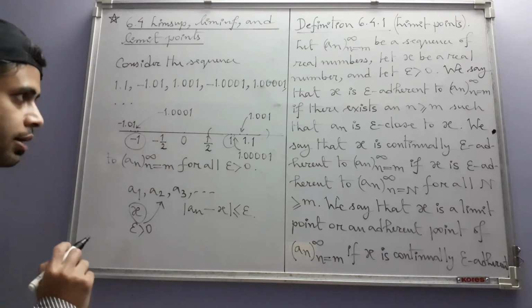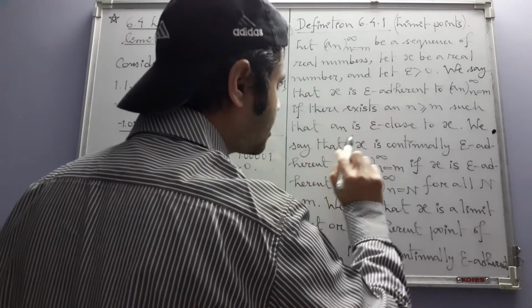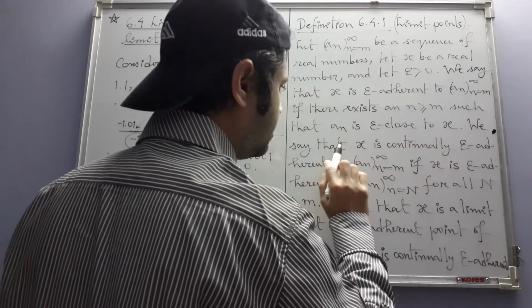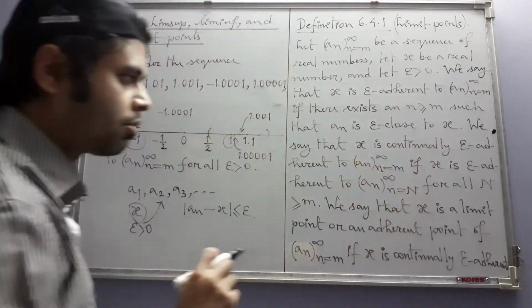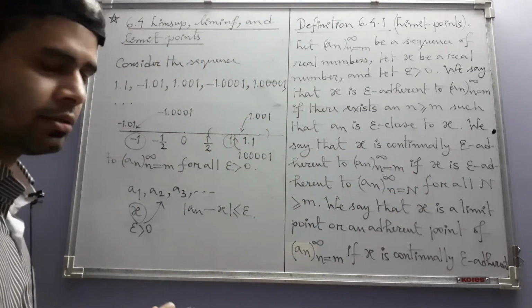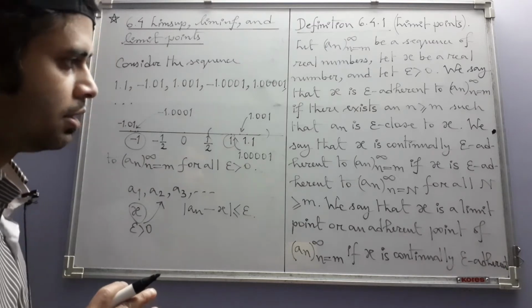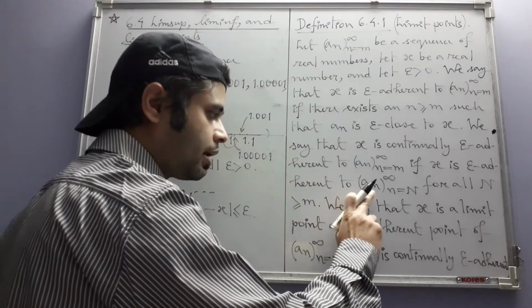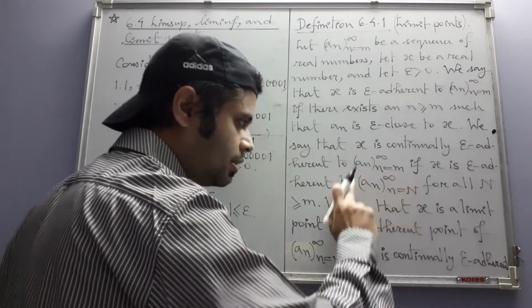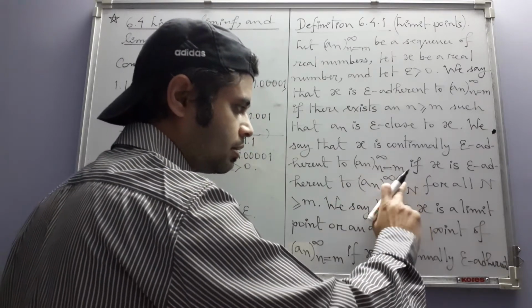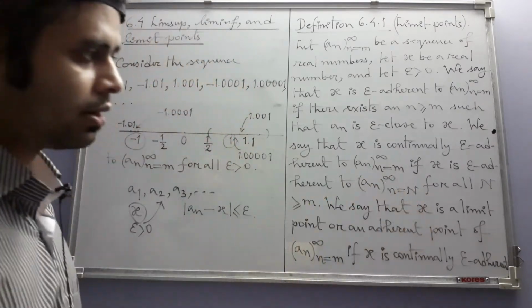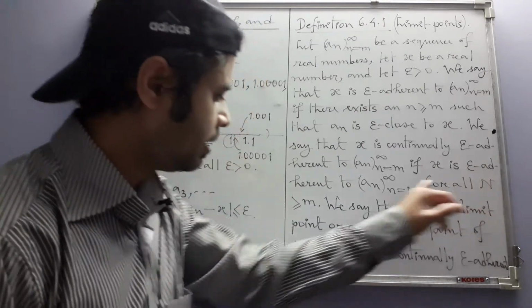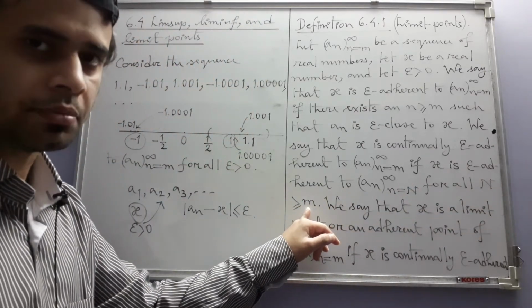Now, the next part of the definition says that x is said to be continually epsilon adherent to our sequence if x is epsilon adherent to this sequence where the index is starting from capital N for all n greater than or equal to m.